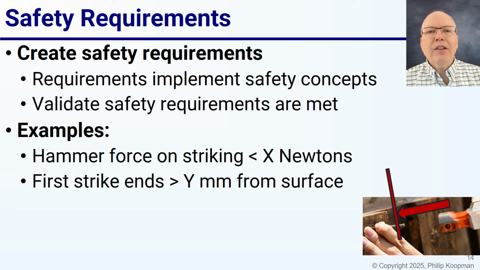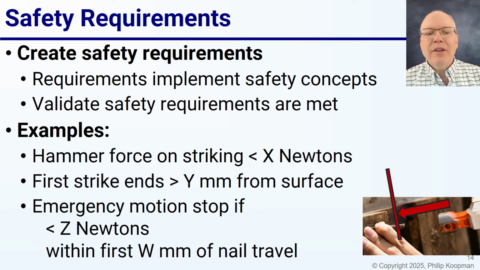So we're going to have a hard limit that when the hammer gets so close to the surface, it's going to hit a mechanical stop. It may be hard in the equipment. It shouldn't happen often, but that way we know there'll be enough room for fingers even if the nail goes in more easily than expected. And we may also have an emergency motion stop if you see less than a certain amount of force within the first few millimeters of nail travel. That's going to be a fast reaction.